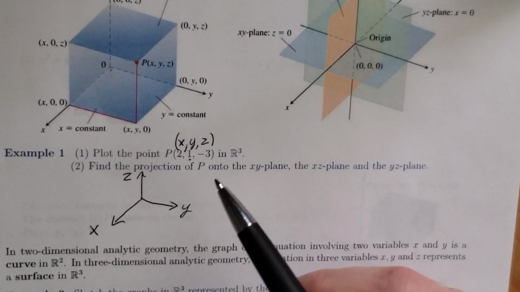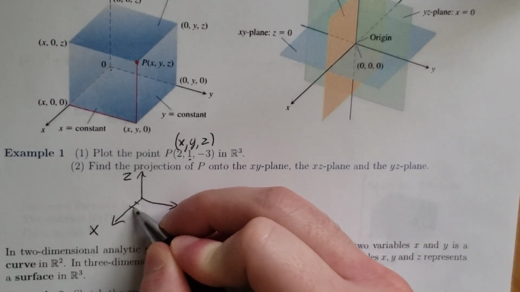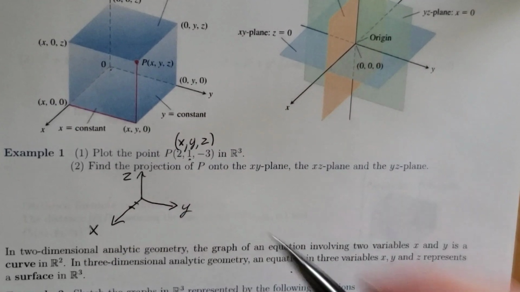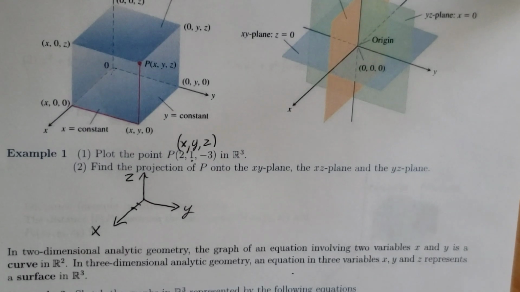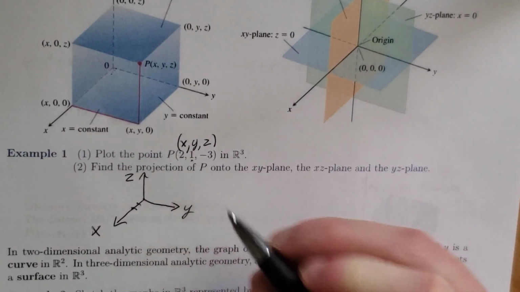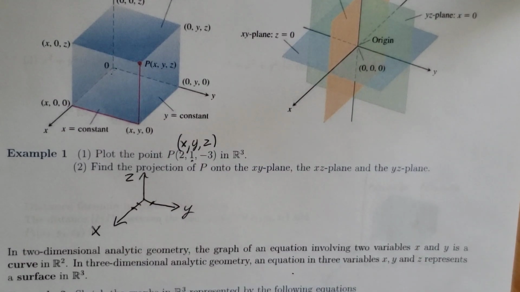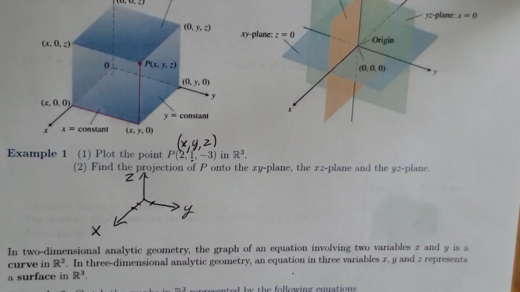And first, how might we do that? Well, x is 2, so I'm going to do 1, 2. We have a point there. That's going to be this corner of the rectangular prism. Let's see, y is 1, so let's move there. And that'll be this point of the rectangular prism.